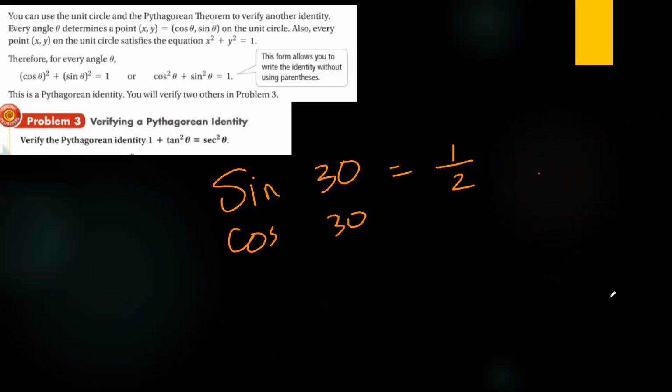That means we know before that sine of 30 is half and cosine of 30 is square root of 3 over 2.